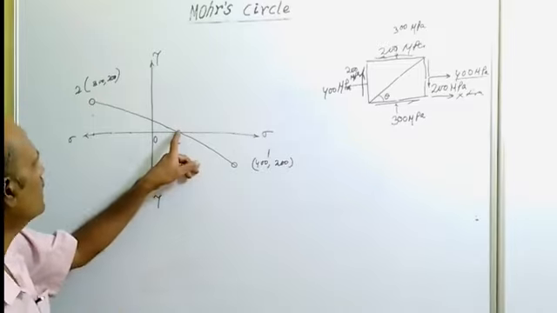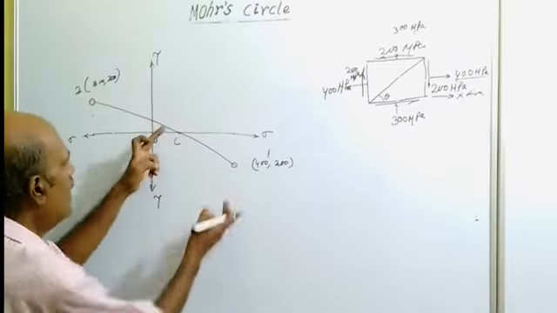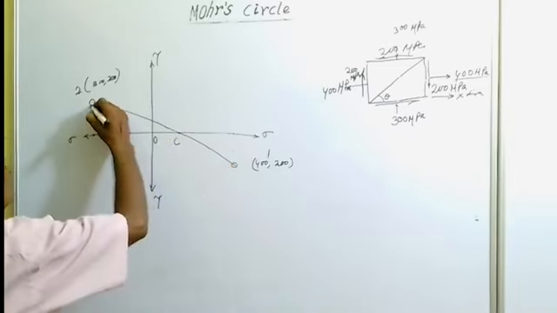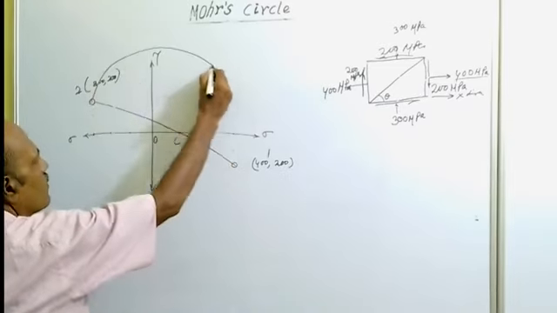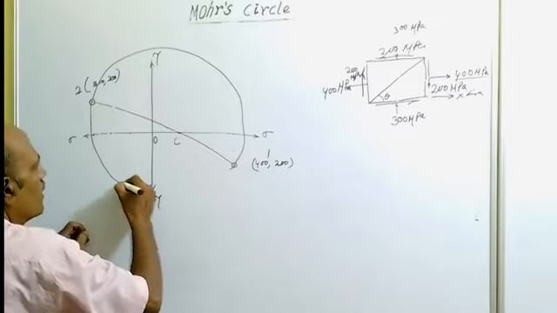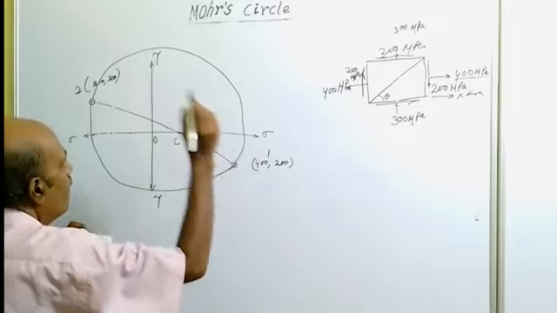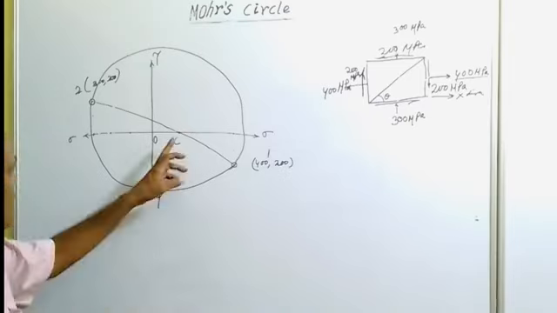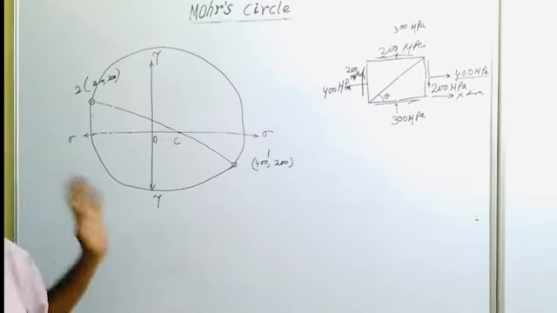Now consider this one as center of Mohr circle and this one as radius. So complete the circle. So this circle becomes the Mohr circle. So we have got the Mohr circle. This is the center of Mohr circle, right?